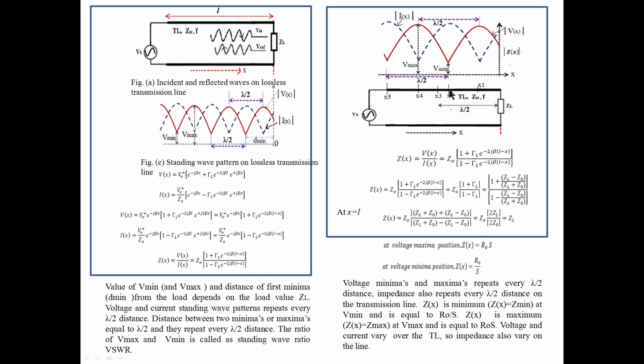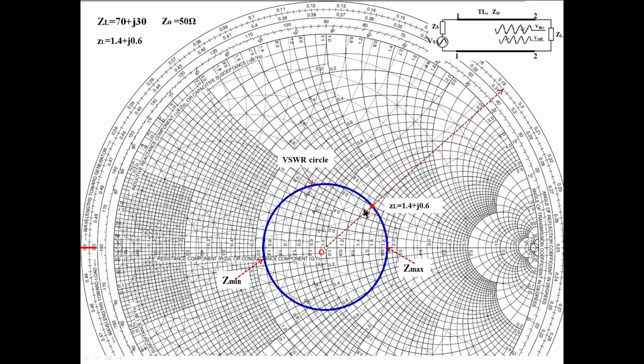That is the minimum over all the values you observe, and maximum impedance is always at this position. On the Smith chart, as you move like this, we can easily find the maximum impedance and minimum impedance.